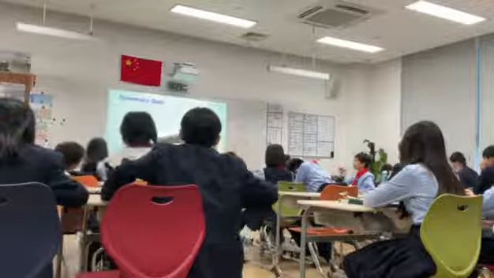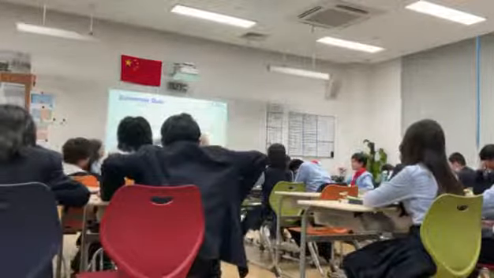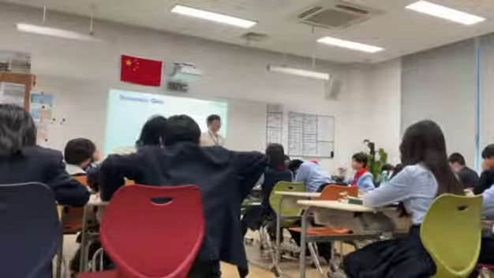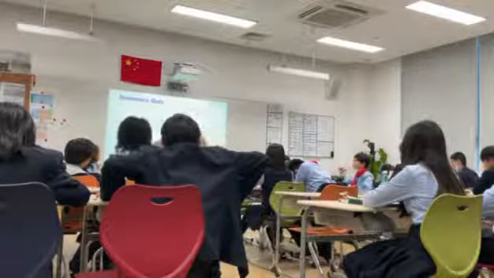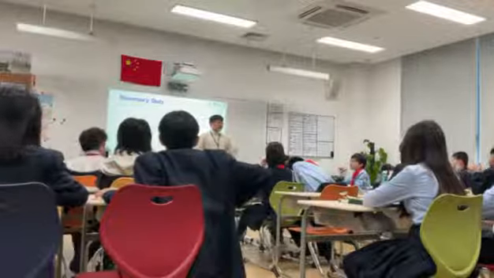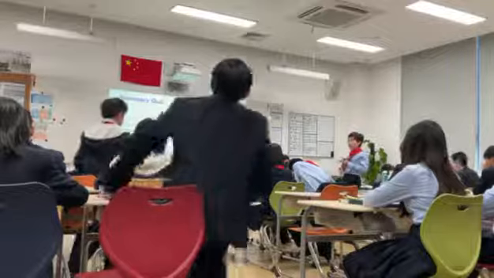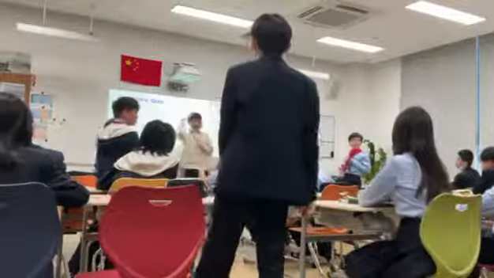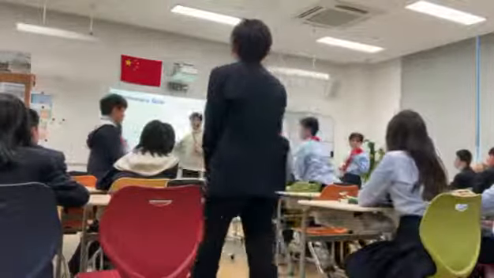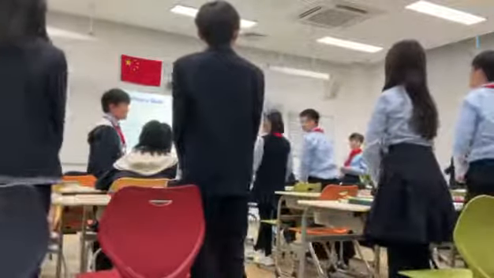Option A, animal and plant material. B, plant material only. C, animal material only. So think. If you agree with option A, stand up. With B, sit. With C, go out.